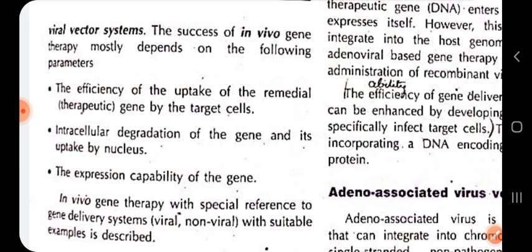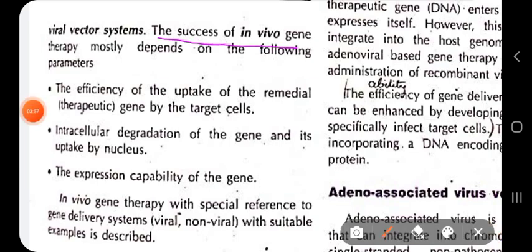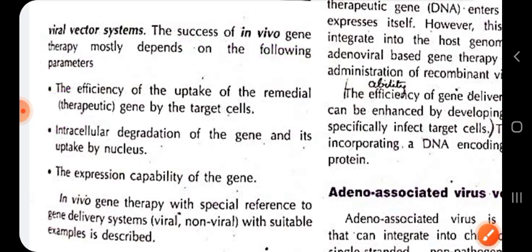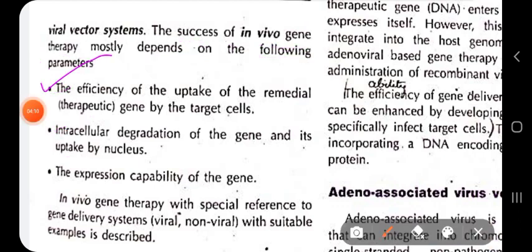Now, the success of in vivo gene therapy mostly depends on the following parameters. So some parameters are there on which in vivo gene therapy depends. What are those parameters? First is the efficiency or uptake of the remedial therapeutic gene by the target cells. We are delivering our therapeutic gene into the target cells.